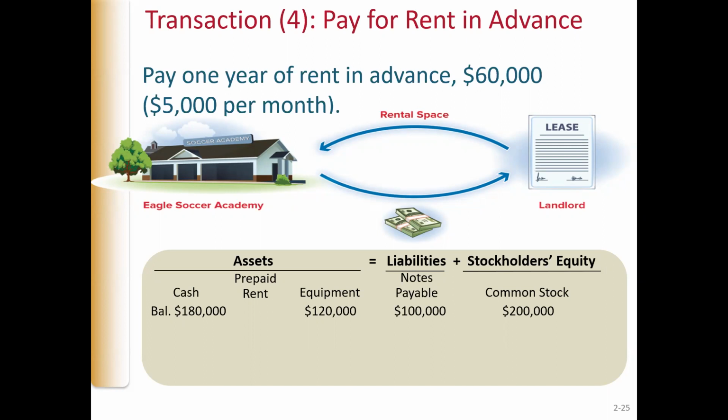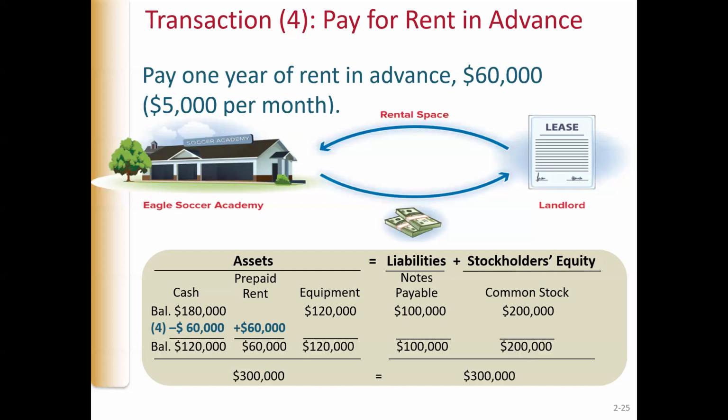So in this case, we pay $60,000 in cash, which reduces our cash. But our prepaid rent account, which is an asset, increases by $60,000. So when we're done here, guys, our assets are still $300,000. Our liabilities and our stockholders' equity are also still $300,000.